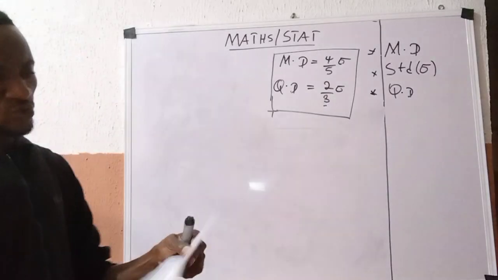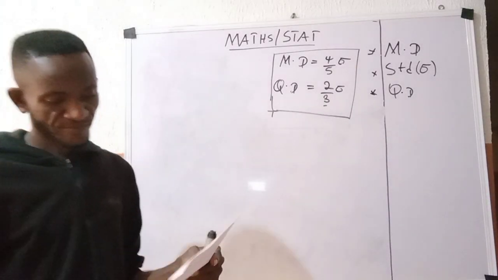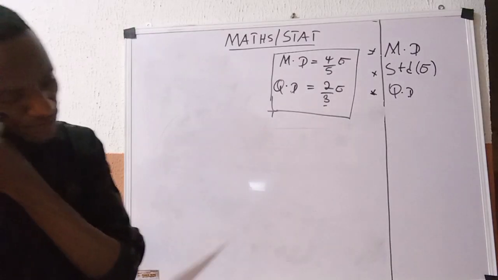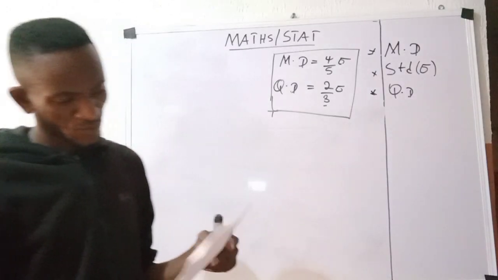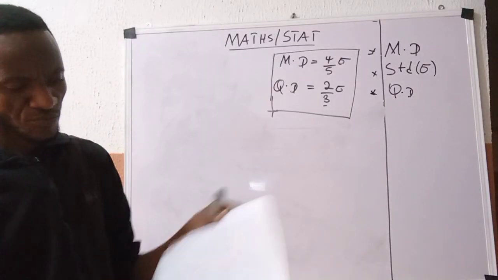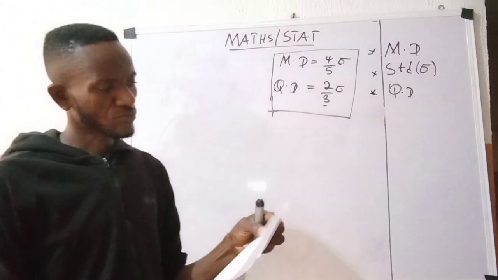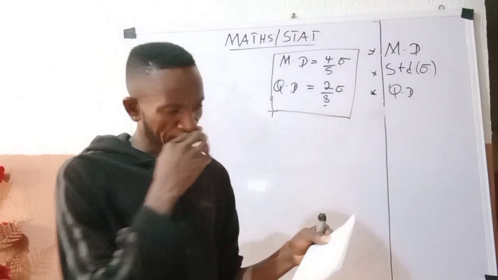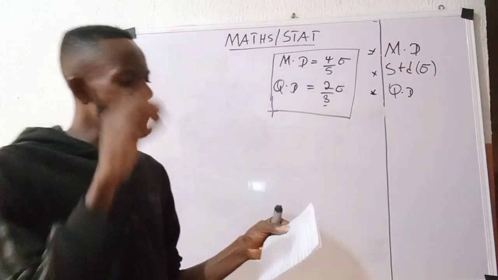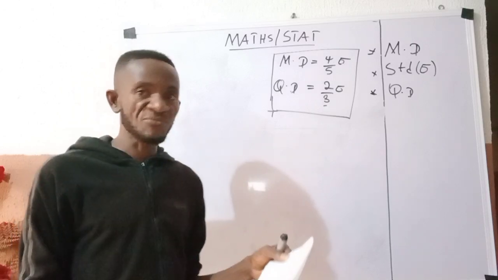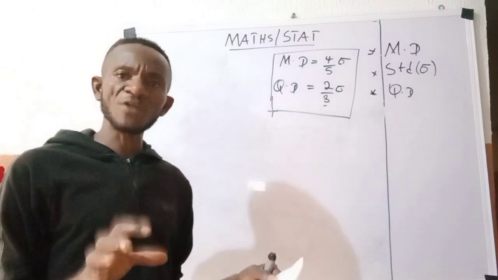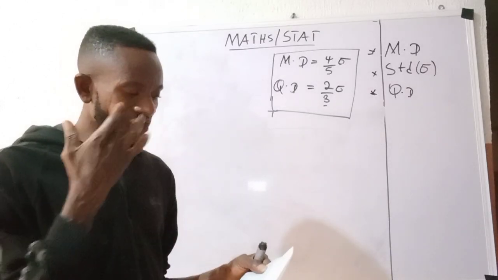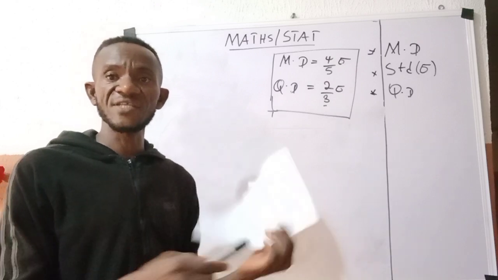Let's look at this question together. That question says, and I read: if for a moderately symmetrical distribution, the mean deviation is 12.